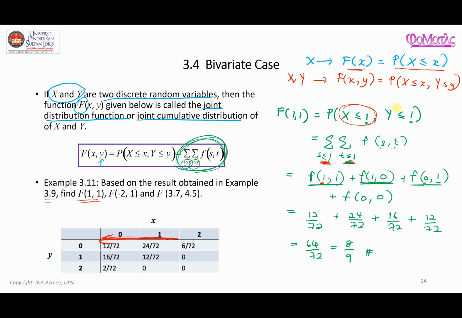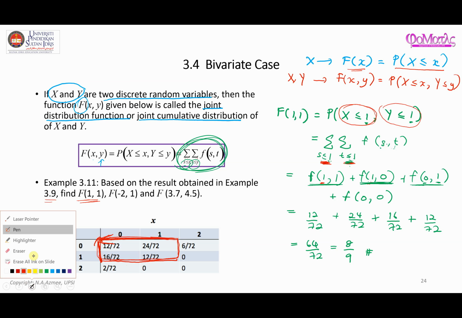And then we can consider the area where y is less than or equal to 1, so less than or equal to 1 is this part. So the probabilities that we have to add up will be the probabilities that are comprised within this area really. Okay, so that is another way of seeing or solving this problem.